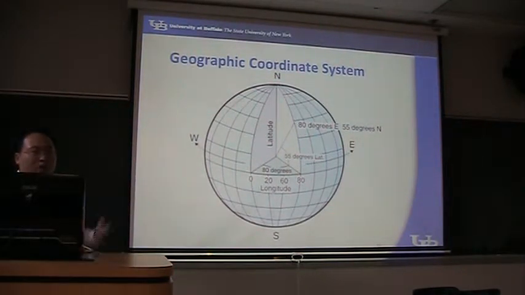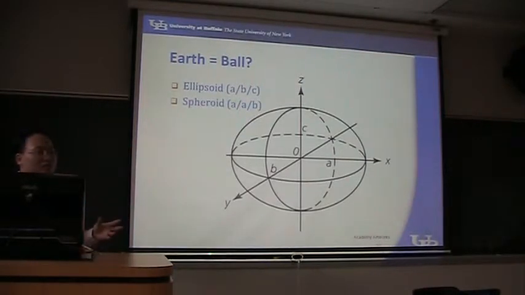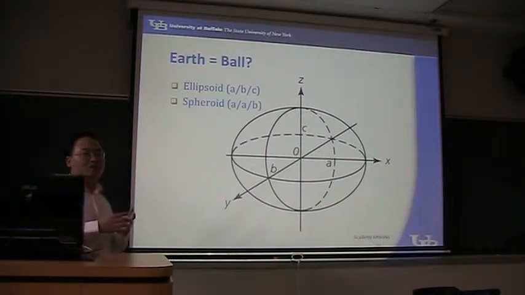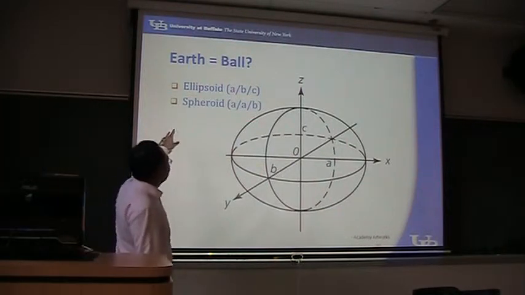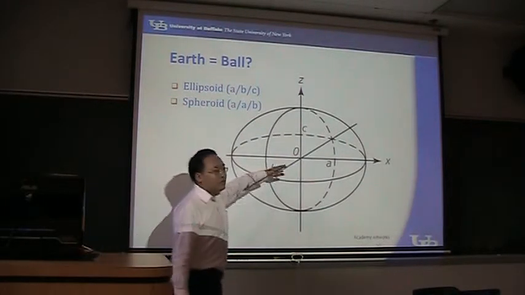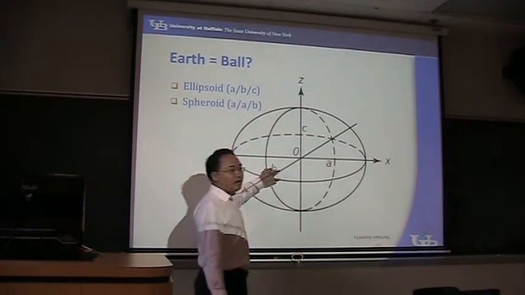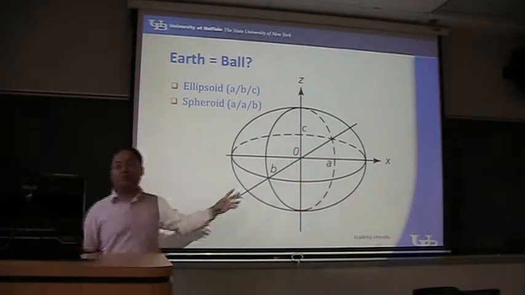Now, why do you have many coordinate systems? That's because, accurately speaking, the Earth is not a perfect ball. It can be viewed as an ellipsoid, which has three axes, and the three axes are different in terms of their length.